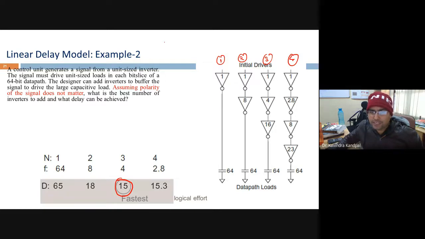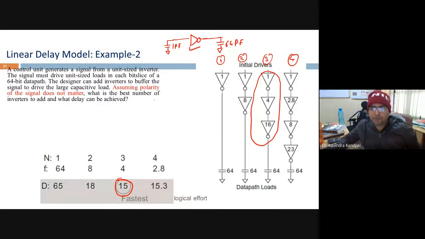So if your condition is that you want to drive a 64 picofarad load from a 1 picofarad input through an inverter, then instead of going for only one inverter, you better go for 3 inverters. Are you able to understand? All of you?